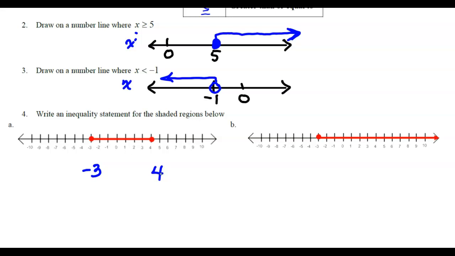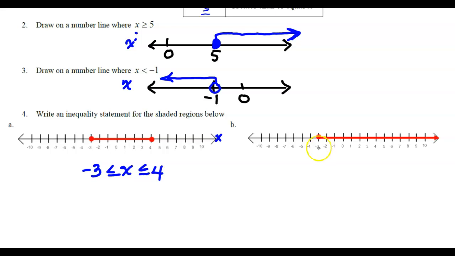It doesn't say what variable, but let's assume it's x. So I'm going to put x in between, and then our inequalities have to be opening to the right. It's going from smallest to biggest. And they're closed circles, which means I need the equal sign. So that's the inequality represented by the red part of that number line.